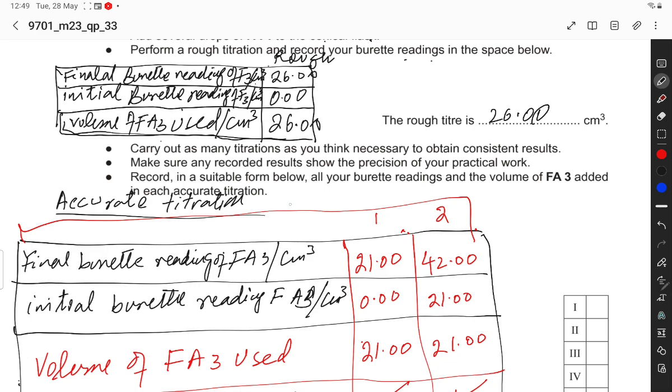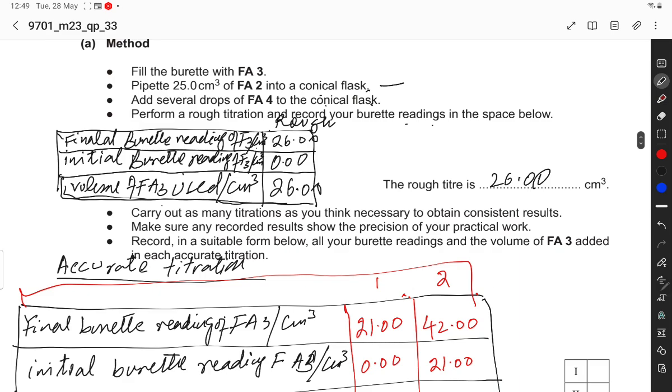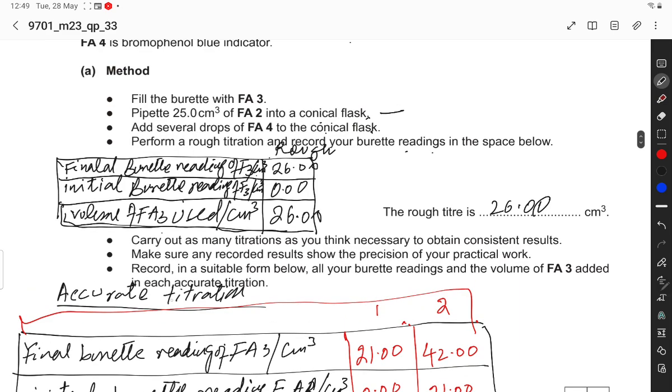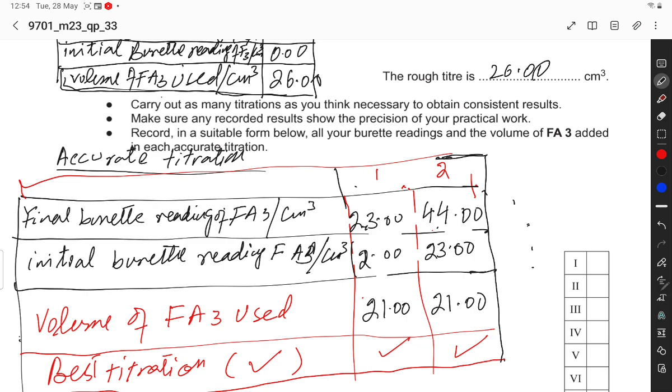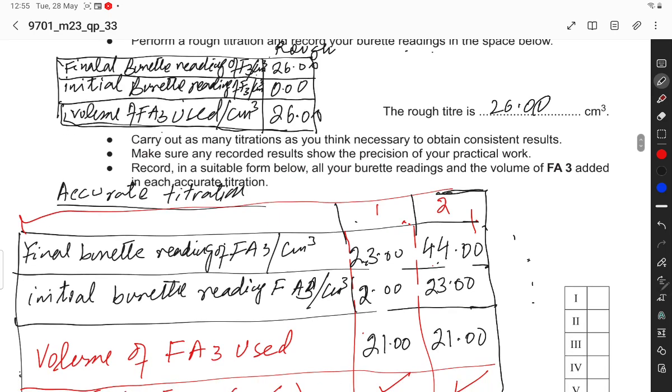Record in suitable form below all your burette readings and the volume of Fa3 added in each accurate titration. So this is the accurate titration. Please don't use rough titration in this table.